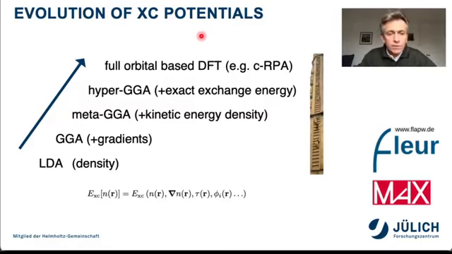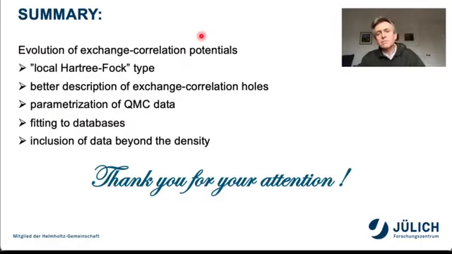Now, with this I want to come to an end. I hope I could show you a little bit how these functionals are constructed, how they evolved out of local Hartree-Fock type forms with always increasing accuracy.